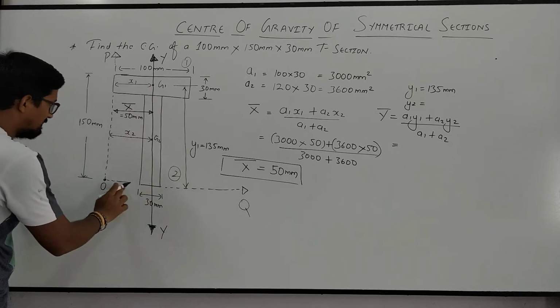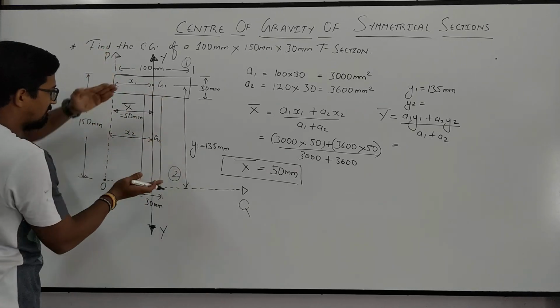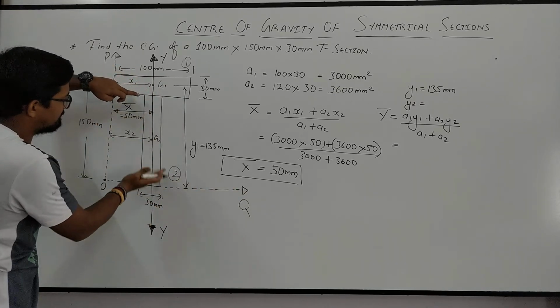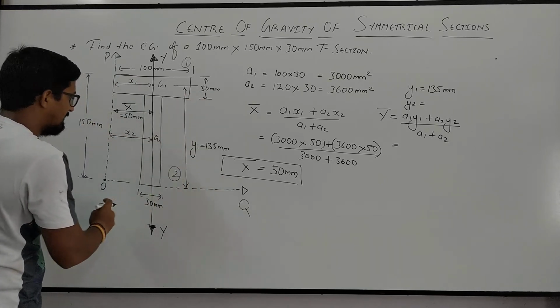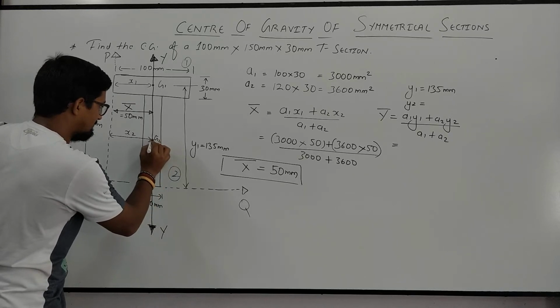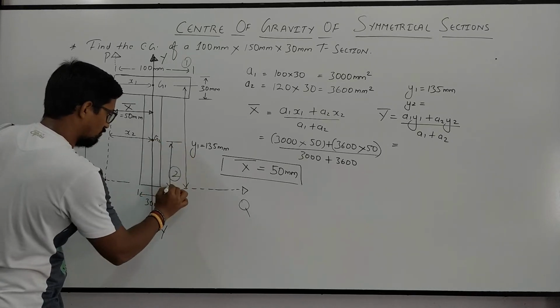Earlier we found the distance of CG from the other reference axis. Now we will find the respective CG distances from this reference axis. So y1 we have calculated, and this is the CG of the second section, this will be our y2.